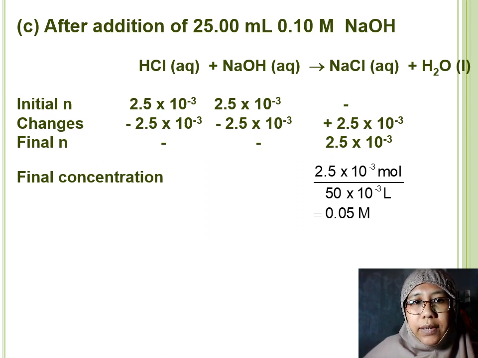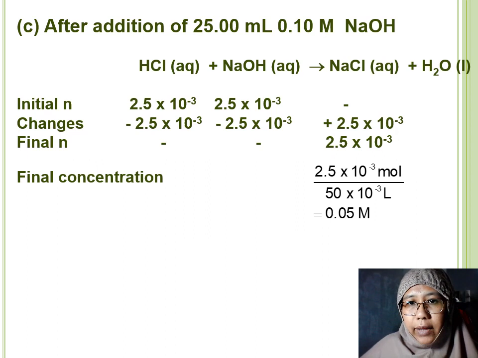We will notice that there is no H plus left and no OH minus left. We got 0.05 molar of sodium chloride as a product, as shown in the slide.